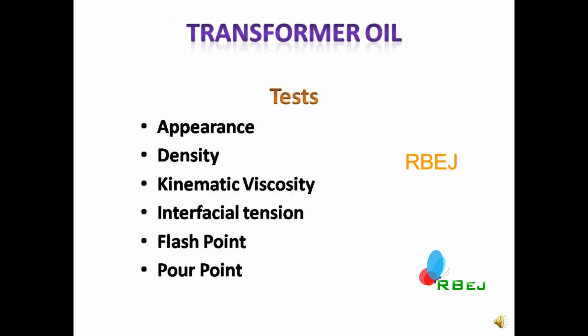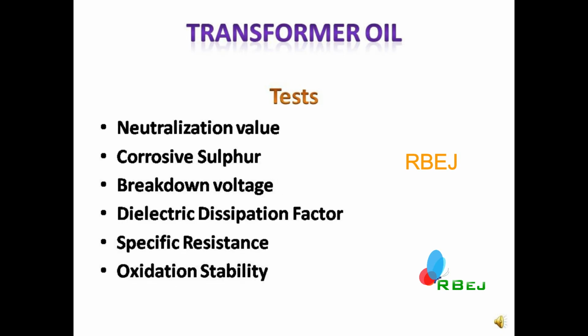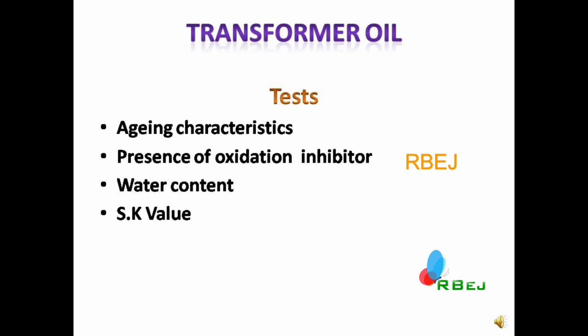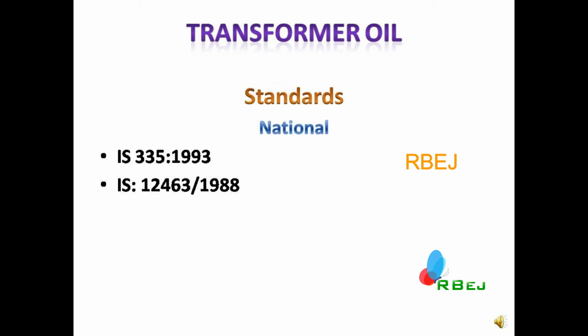Tests: appearance, density, kinematic viscosity, interfacial tension, flash point, pour point, neutralization value, corrosive sulfur, breakdown voltage, dielectric dissipation factor, specific resistance, oxidation stability, aging characteristics, presence of oxidation inhibitor, water content, SK value.